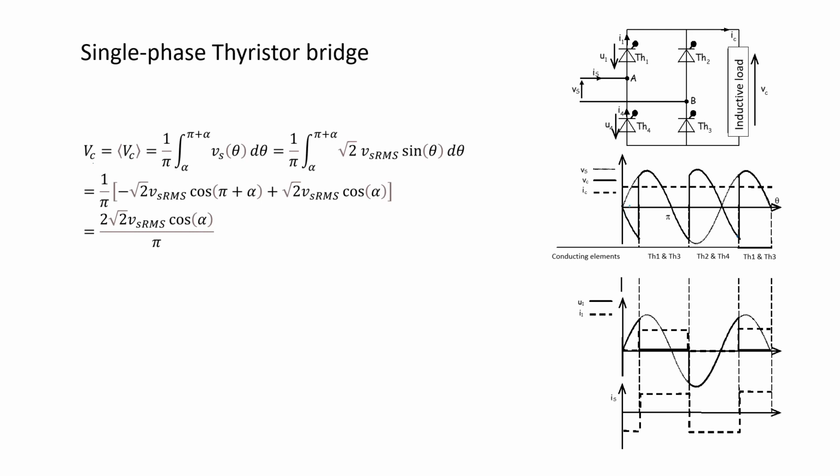If we fire the pulse to turn on the thyristor at angle alpha, so here is alpha and then here is pi plus alpha. We fire at the angle alpha to turn on, for example, TH1 and TH3, and at the angle of pi plus alpha, we fire a pulse to turn on TH4 and TH2.